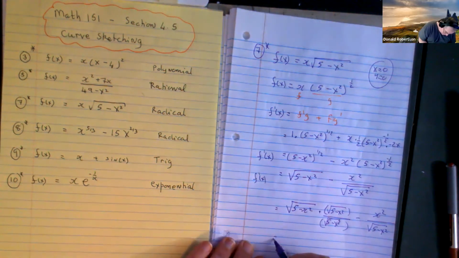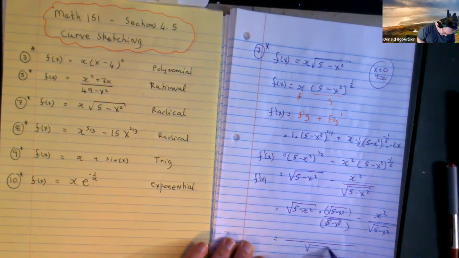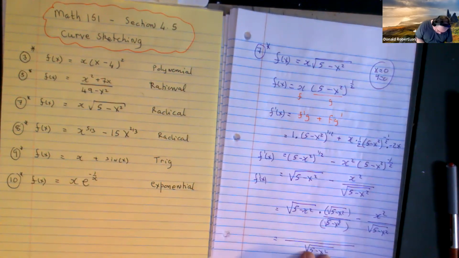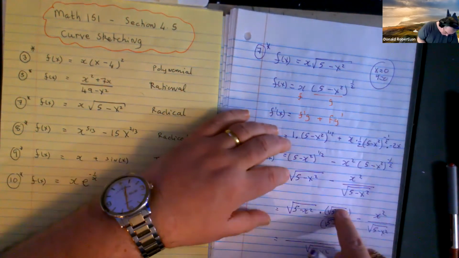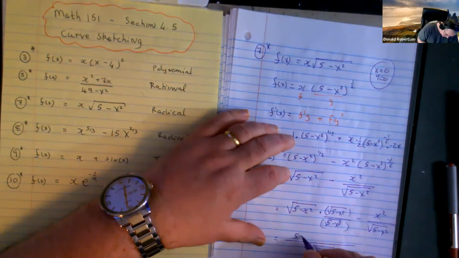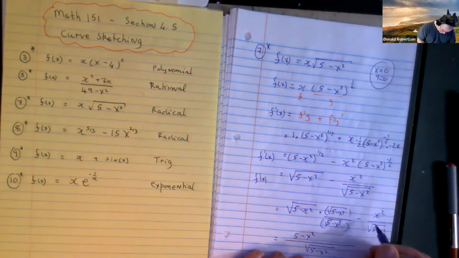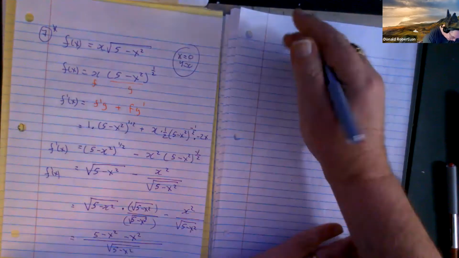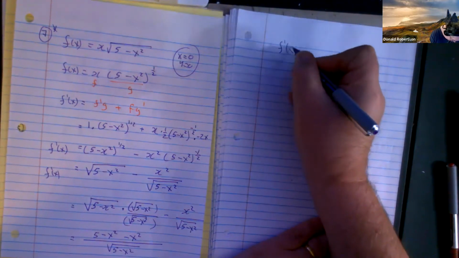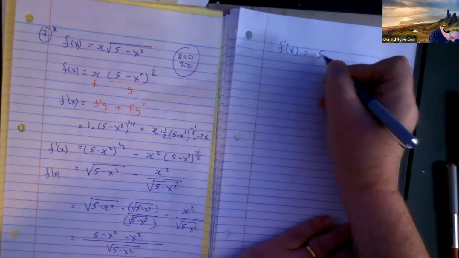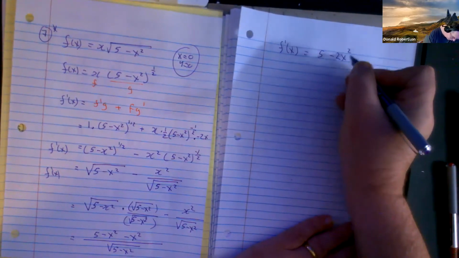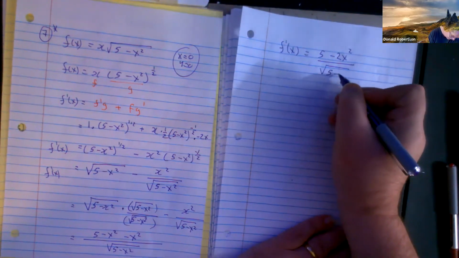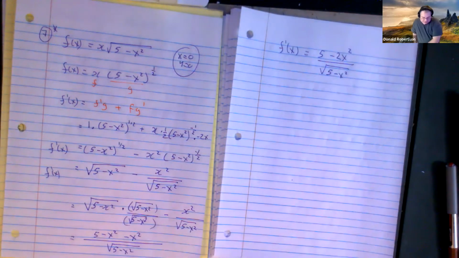Now we have the same denominator, this guy times this guy is actually just 5 take away x squared minus an x squared. And so we have a derivative that is 5 take away 2x squared all over 5 take away x squared.